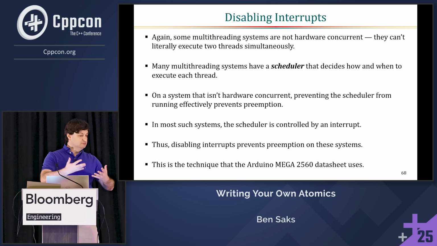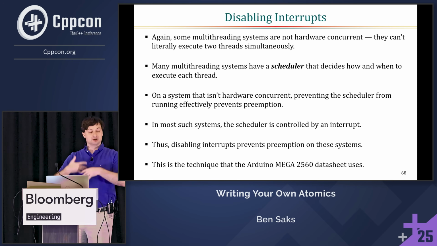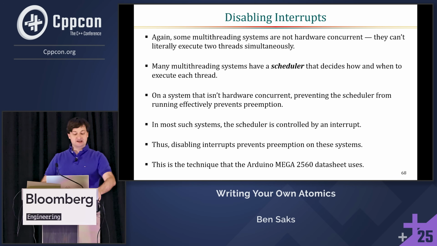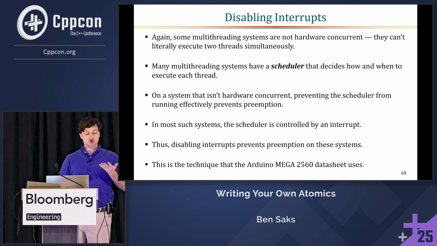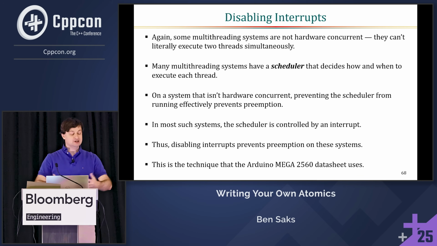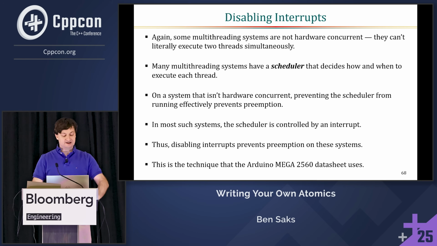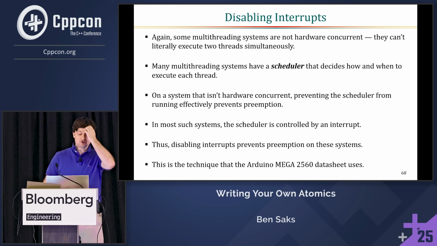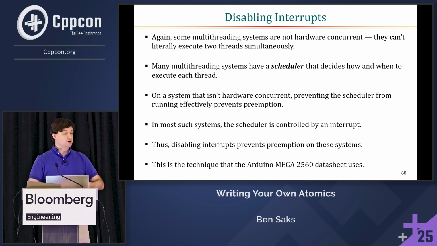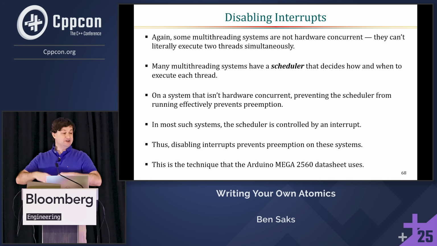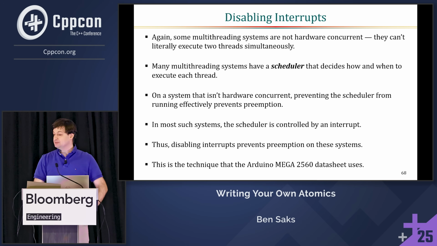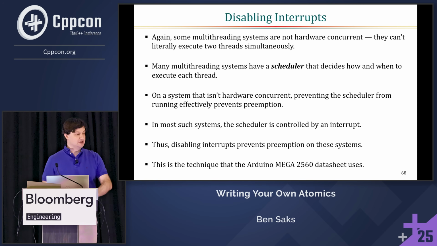In that case, most of those systems have some kind of scheduler that's managing the threading system, that's deciding how and when each thread is going to run, and that scheduler is controlled by an interrupt. And so on those sorts of systems where you're dealing with something that doesn't have real hardware concurrency, disabling interrupts is often a way of preventing preemption from occurring on that kind of system. And that's what the Arduino Mega 2560 recommended.